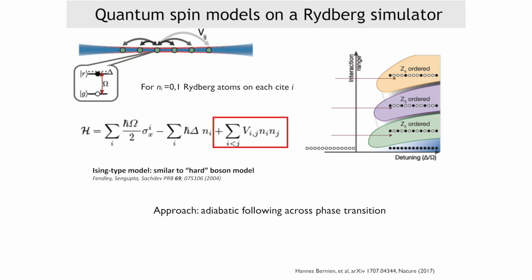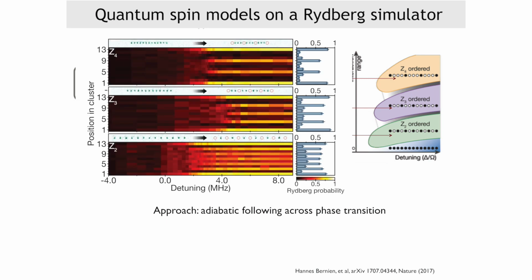The way we did it is we used adiabatic following. We prepared all of the atoms in the ground state, and in the spirit of adiabatic quantum computing, we slowly went into these ordered states. Here are a few examples. Here we create a Z2 ordered state, here is a Z3 ordered state, and here is a Z4 ordered state.